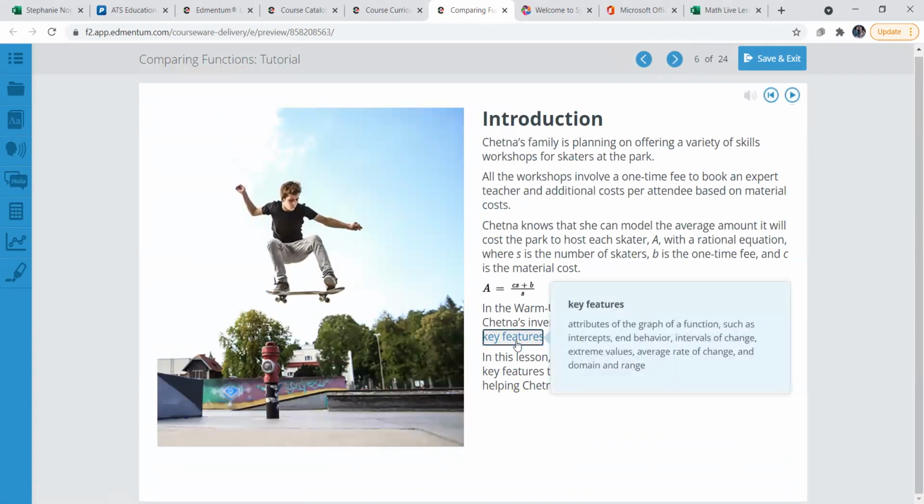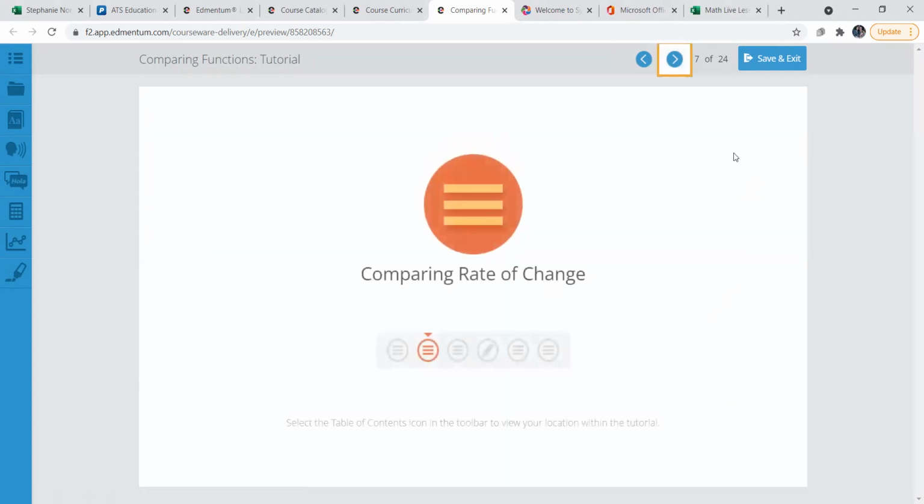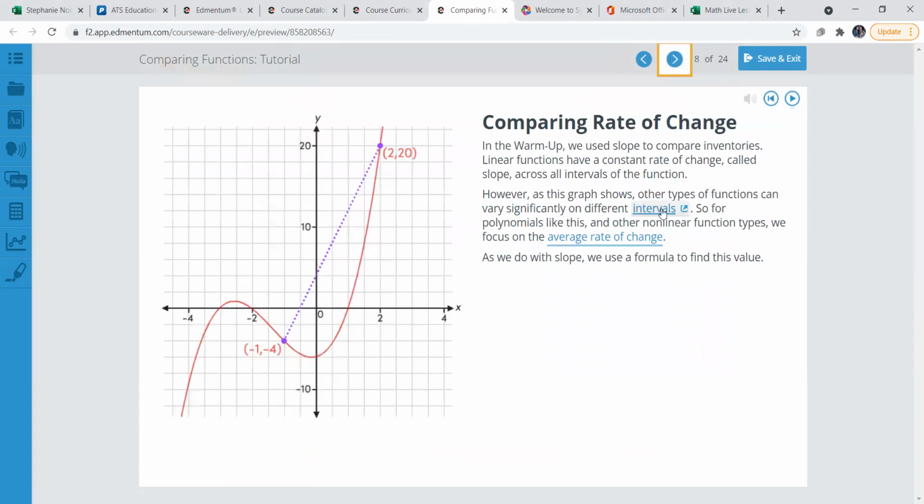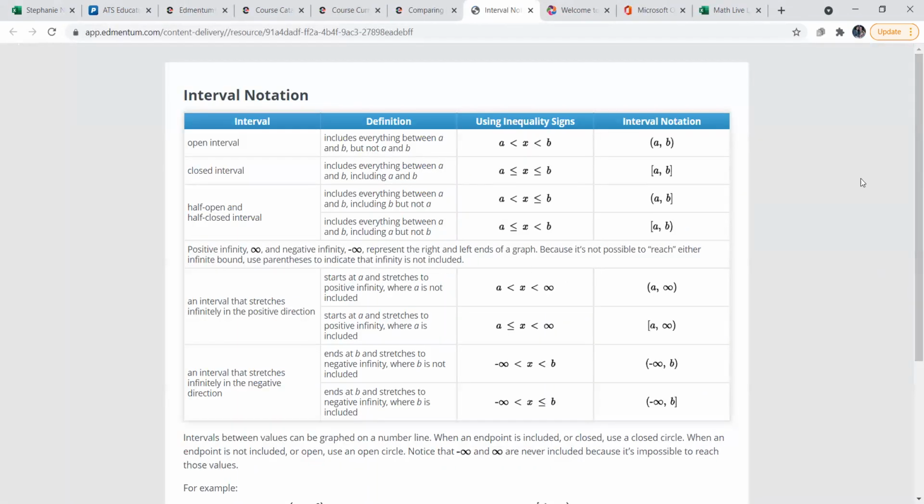Key features, attributes of the graph of a function such as intercept, behavior, end behavior, intervals of change, extreme values, average rate of change, and domain and range. Comparing rate of change, intervals. Okay, so here's some examples of intervals. I will do a mini lesson on this one.